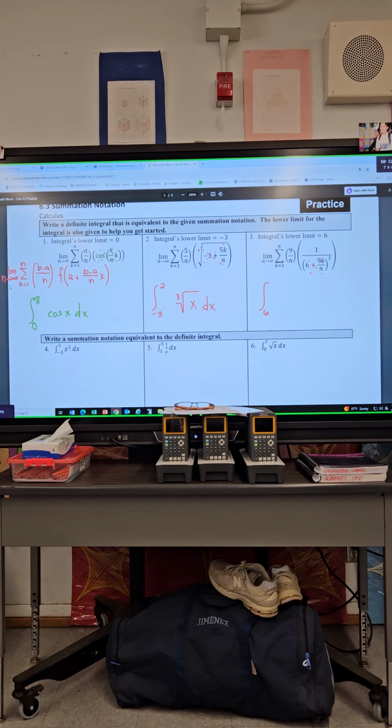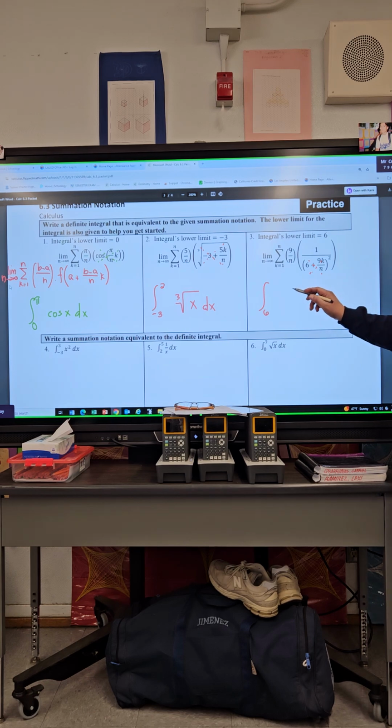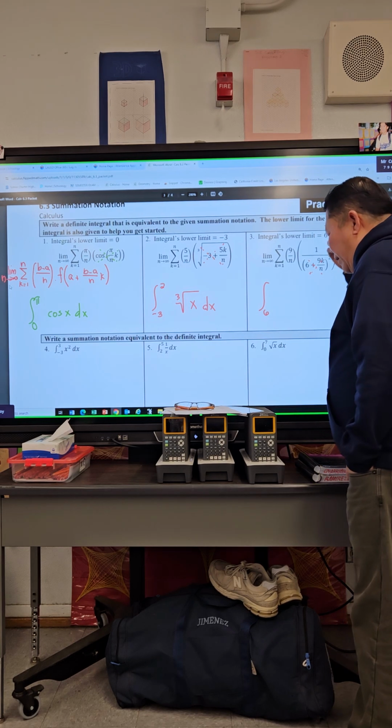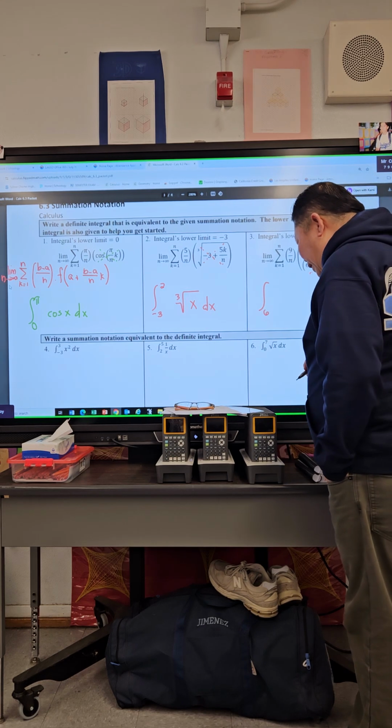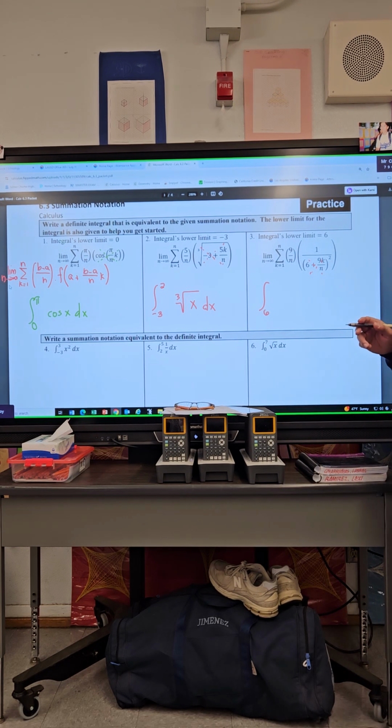Now, for us to identify the upper limit, we all know that the numerator right here, the b minus a, equals 9. You get me? So we're gonna have to find the upper limit right here. What do you think is the upper limit?